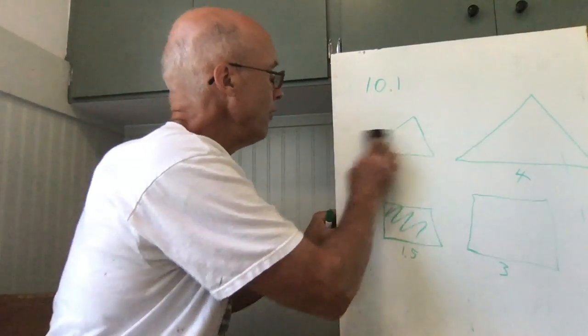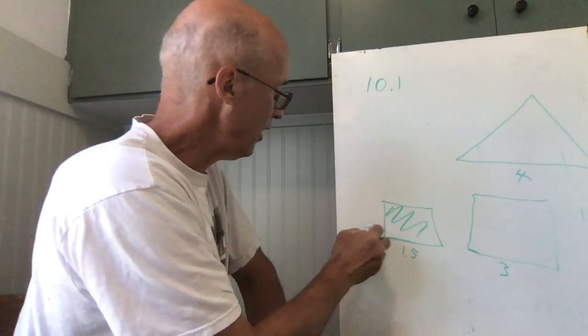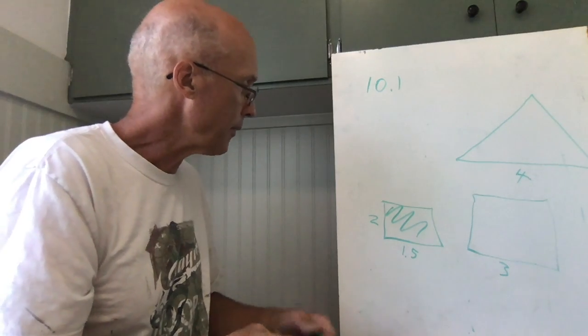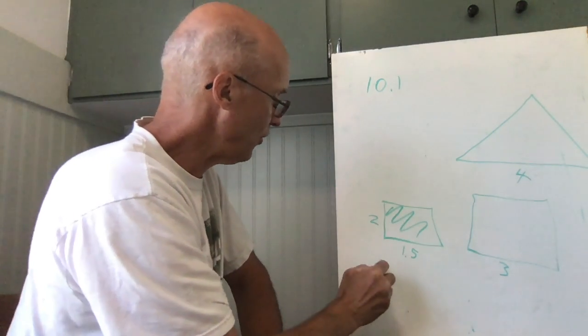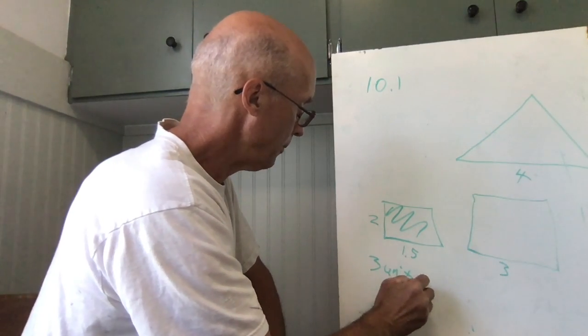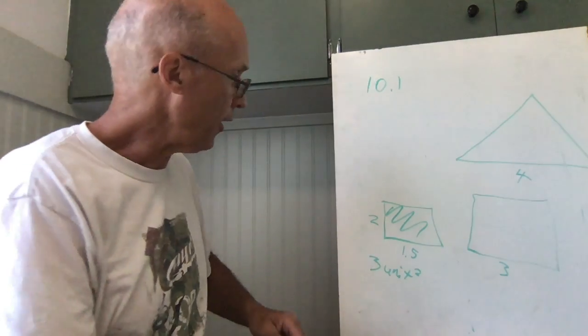Let's not do this one. Let's say this is 2. And so we know the area of this is going to be 3 units squared, right? So we can make a little proportion here.